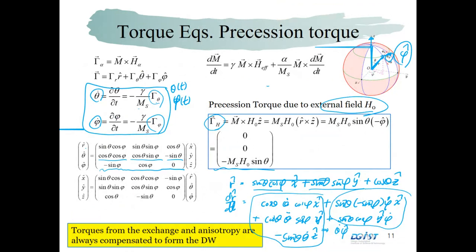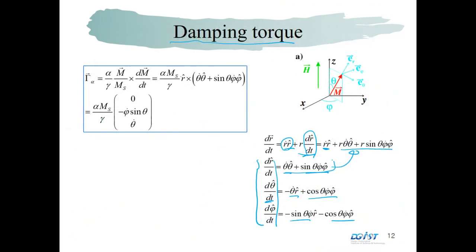This term gives us, if you collect phi dot and sine theta, then the remaining part is phi hat. So we have these two terms for the time derivative of the r hat. So this is the result.